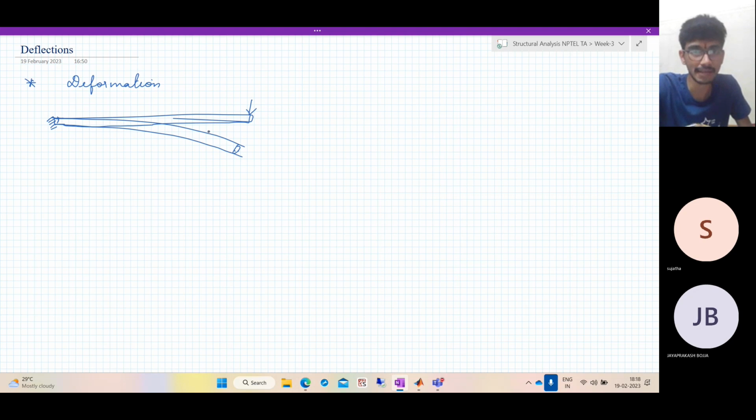as you are all aware of the assumptions in the beam theory, the cross sections do not deform much. If you take a section before deformation and the section after deformation, there is not much difference. It rotates rigidly, but the maximum deformation occurs in the lateral direction along the center line.